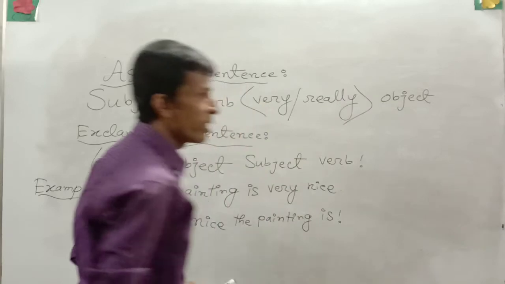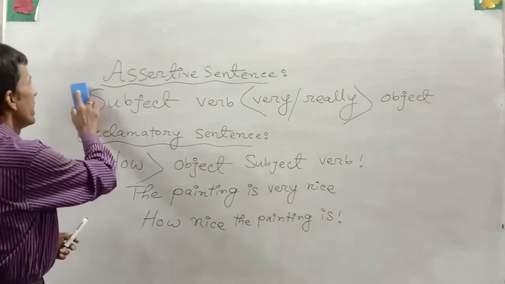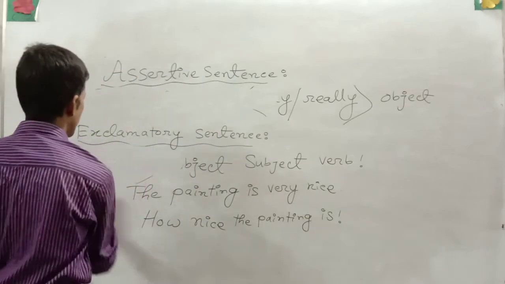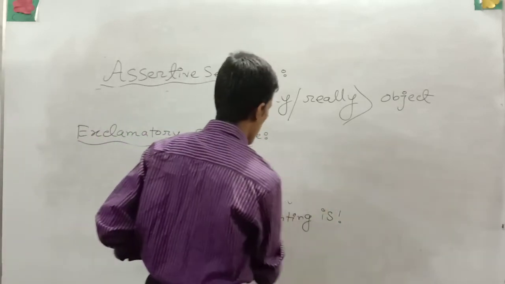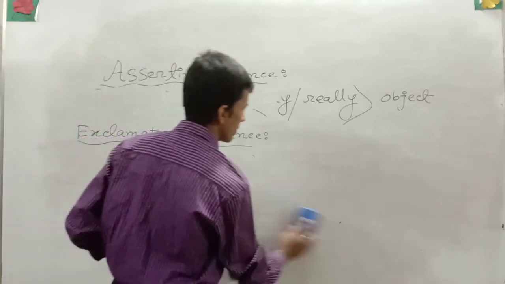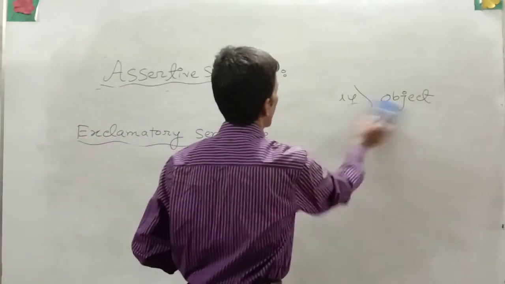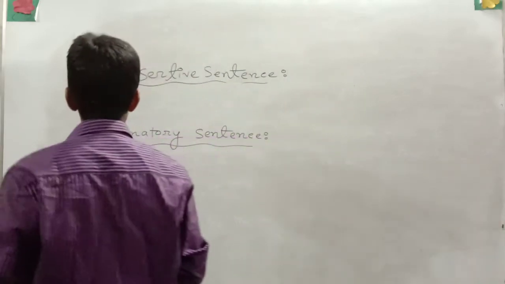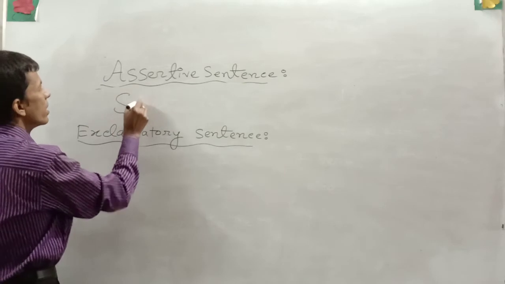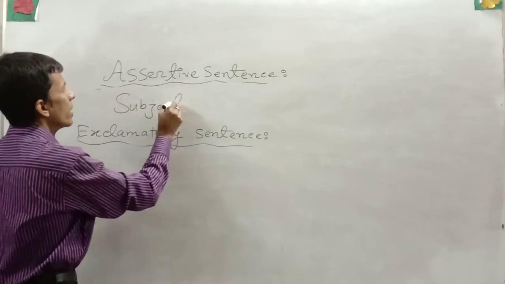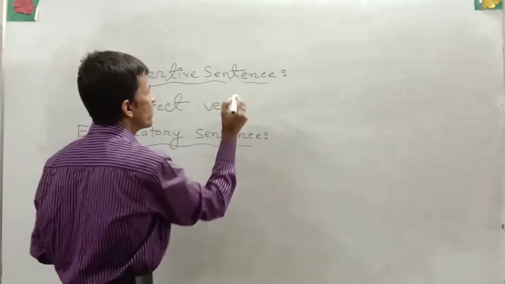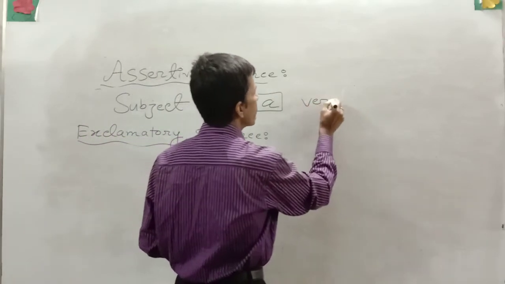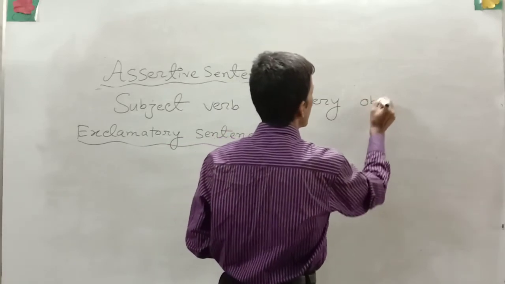Now the last example and last structure of today is subject, verb, a, very, and at last object.